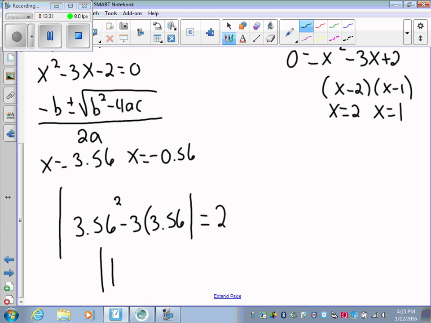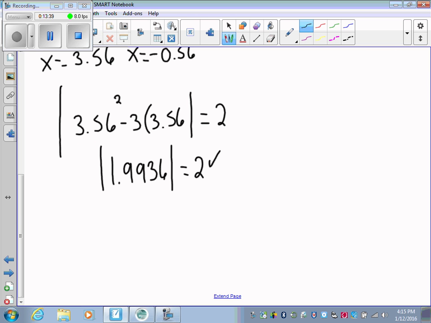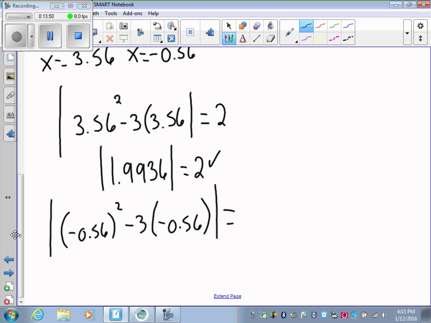And that's going to give me 1.9936. So that's good. We also check the negative, verify the other one. So negative 0.56 squared minus 3 times negative 0.56, and that should also equal 2. And again, I get 1.9936, and that is about equal to 2.